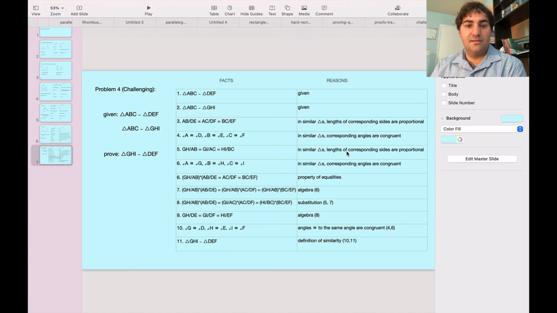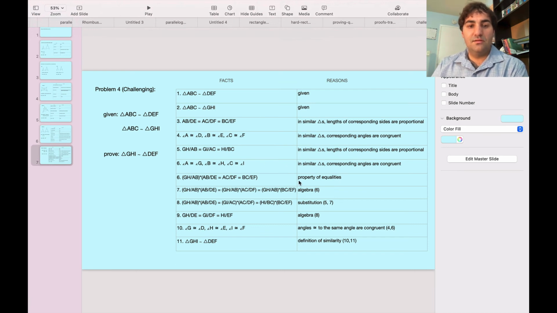So you're just using the same thing. It doesn't matter which way you take the proportion, because it's going to remain the same, right? So just use the same justification. In similar triangles, lengths of corresponding sides are proportional. And we can also use the fact that in similar triangles, corresponding angles are congruent. So you get A is congruent to G, B is congruent to H, and C is congruent to I.